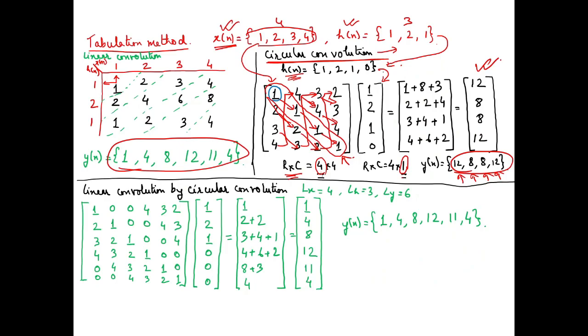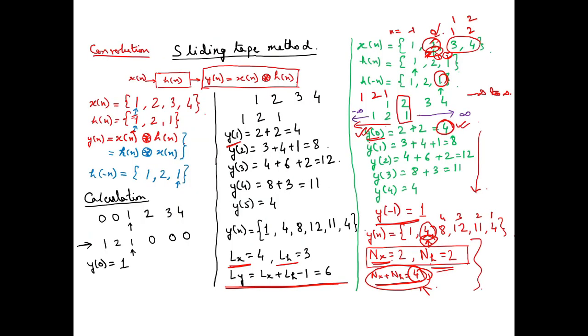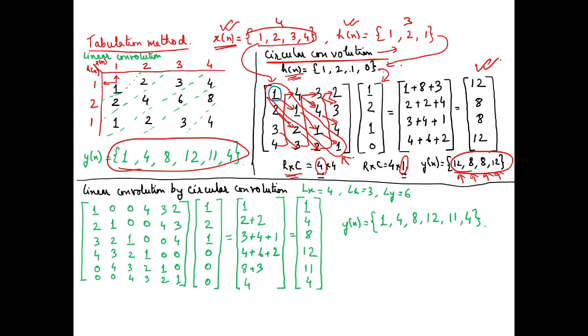Now if I ask you to find the output of the given system through circular convolution, how will you do that? We know the previous formula, Ly equals Lx plus Lh minus 1. We will simply apply that formula. So 4 plus 3 minus 1 would be 6.